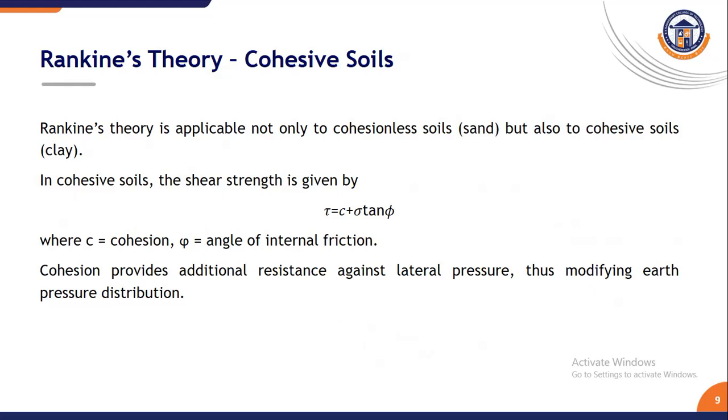Here Rankine theory can also be applied to cohesive soil like clay by including the effect of cohesion. In such cases, the shear strength is given by the formula. The presence of cohesion provides extra resistance, thereby reducing the overall earth pressure acting on the retaining wall.